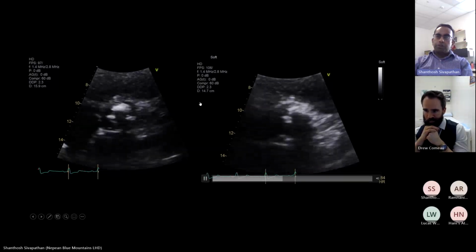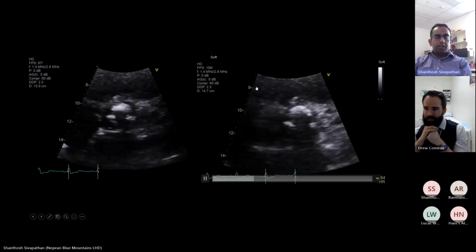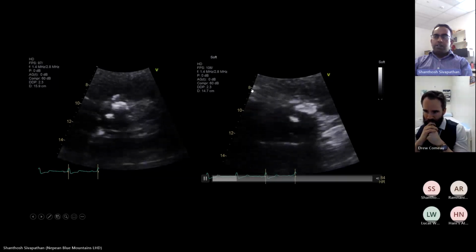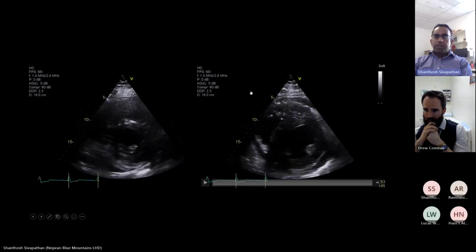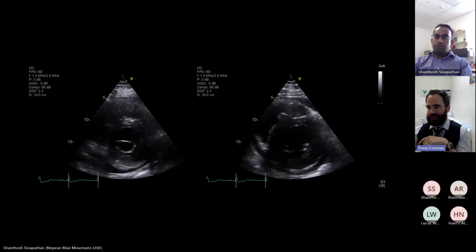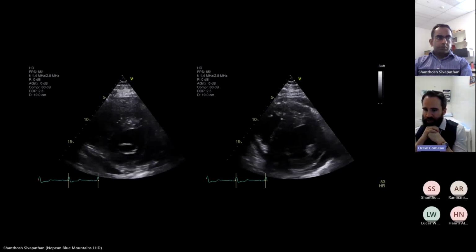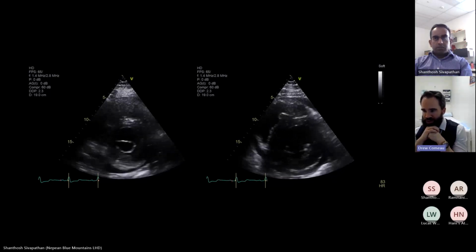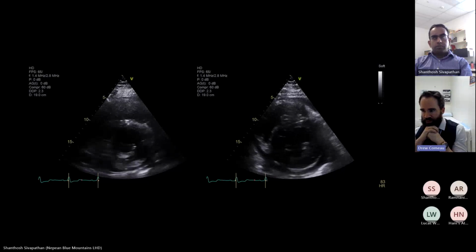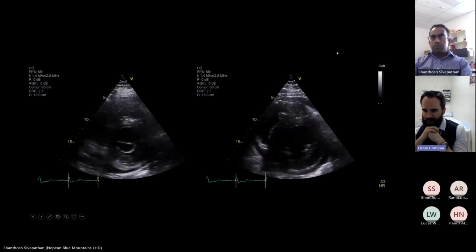Okay, so we've got calcified. It looks like it's opening okay, but heavily calcified. This is through the mitral valve. I can't be confident with the morphology with that one. This is the parasternal short axis view at the level of the mitral valve, and on the right is the papillary muscle view, the mid view.